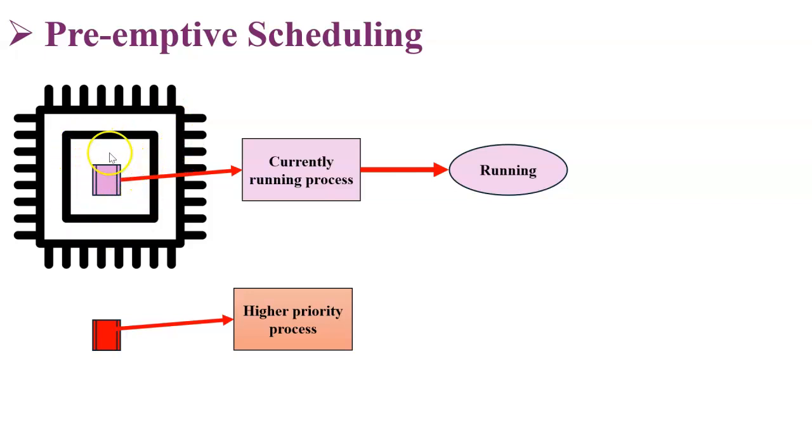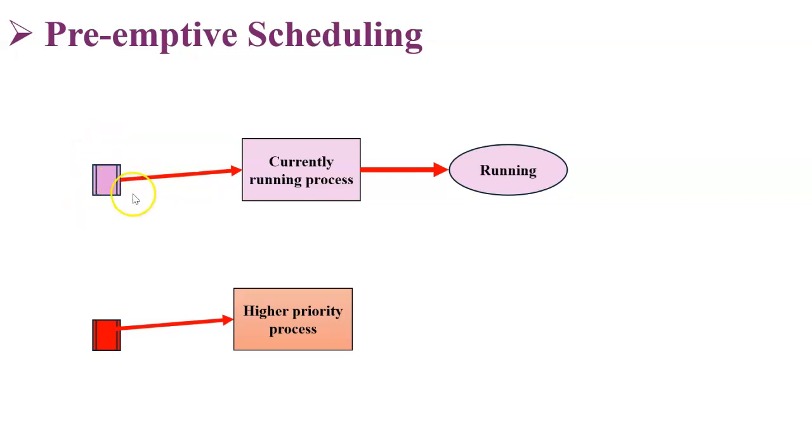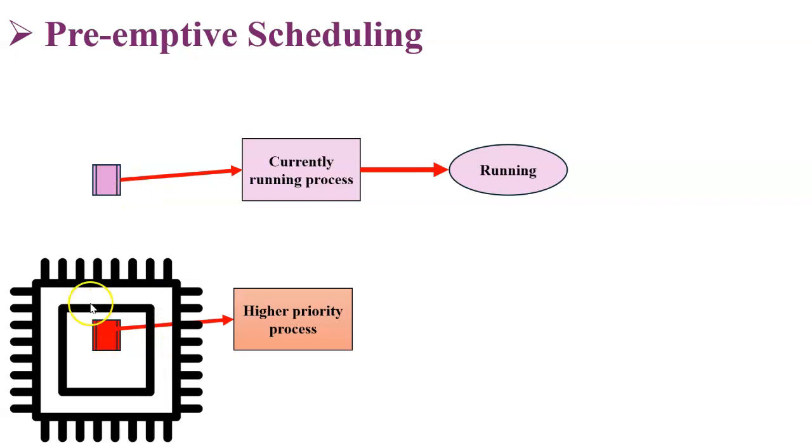That means, in the case of operating systems, in preemptive scheduling, to preempt is to interrupt. So this process, which is not of the highest priority, will be preempted. That means it will be interrupted and the execution of this process will be stopped. The CPU will be deallocated from this process and given to the highest priority process. Now, this process will be in the running state and the earlier process which was running will go back to the ready state.